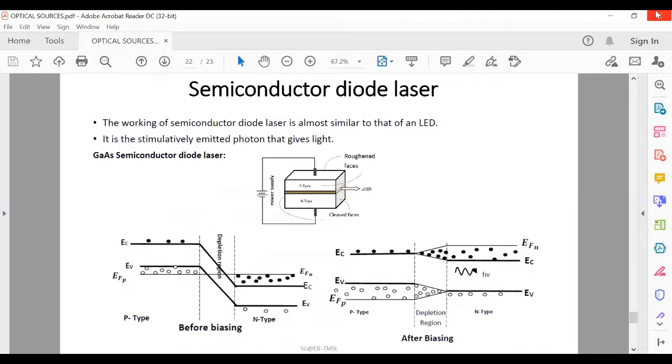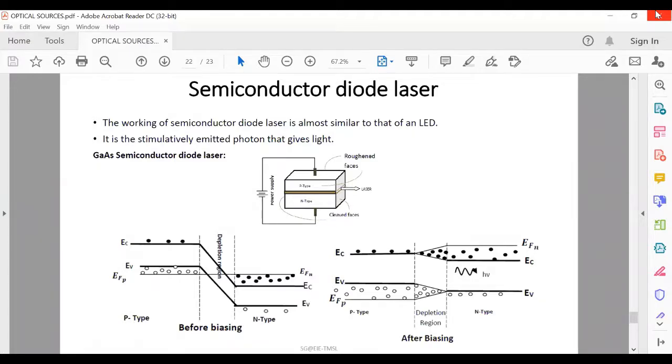So next is the laser diode. The semiconductor diode laser. Now the working of this semiconductor diode laser is similar to the LED: the recombination of electron and hole in the depletion region, if it is forward biased, then the PN junction emits a photon of characteristic wavelength.